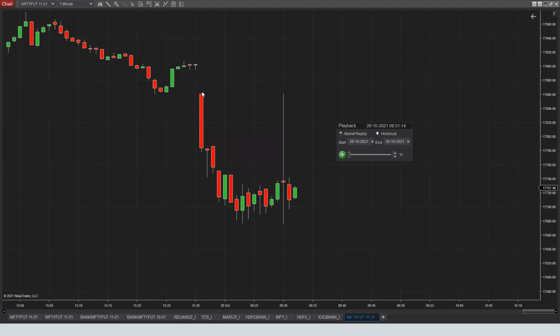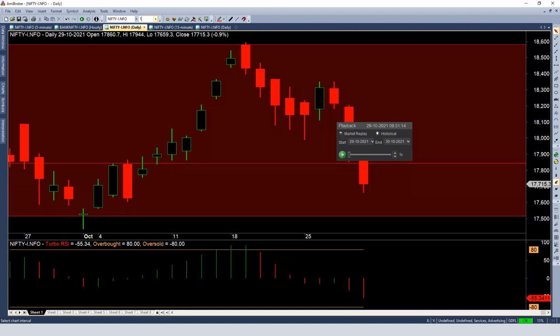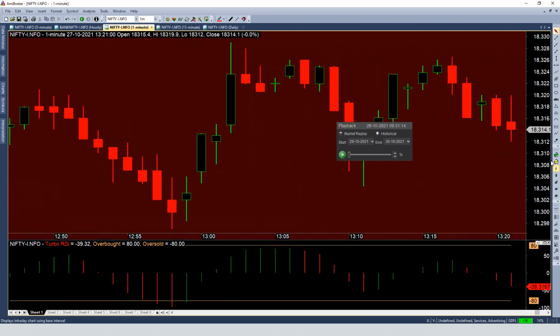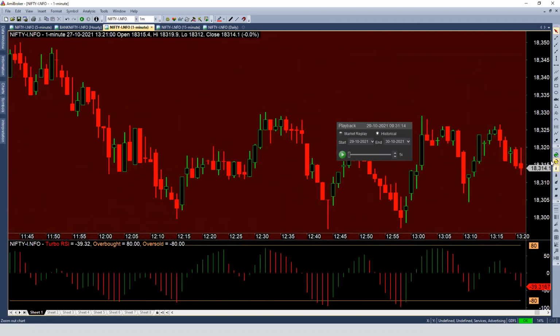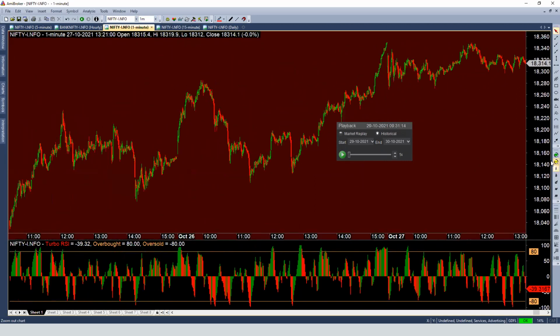Price opened here, it started dropping down and then coming back. Maybe I'll try to come up with AmiBroker itself. Here are the candlestick charts. The chart I'm showing you is a 1 minute time frame chart.